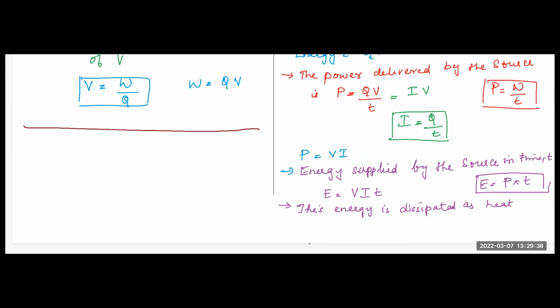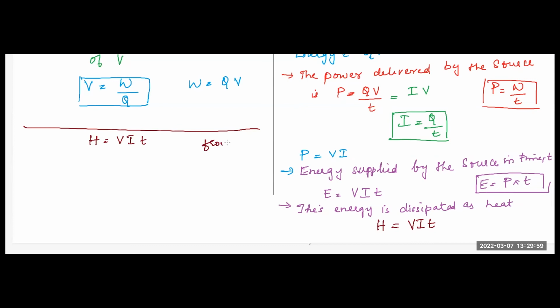So we can say that the heat dissipated H is equal to V into I into t.